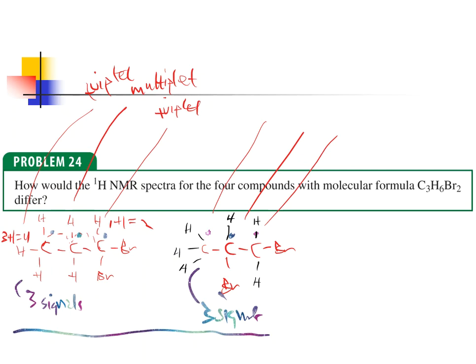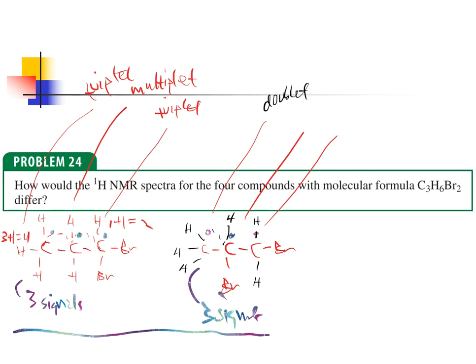So now we can go through and start identifying the multiplicity of these chemical shifts as well. I'm going to start here on the left-hand side, on the end one. That middle carbon has 1 proton. So 1 plus 1 is 2. So this is a doublet that we're going to see there. And then on the other end, that's going to be another easy one for me.